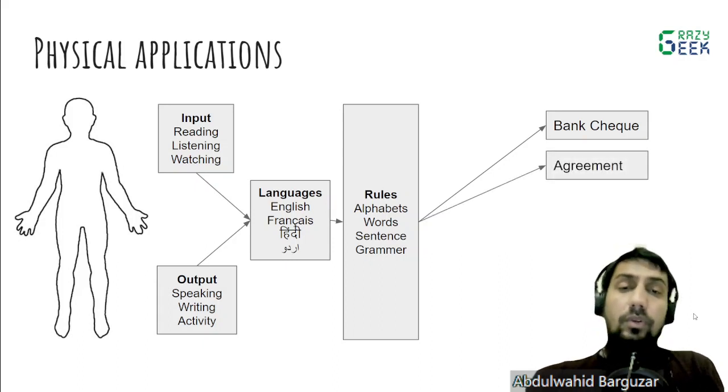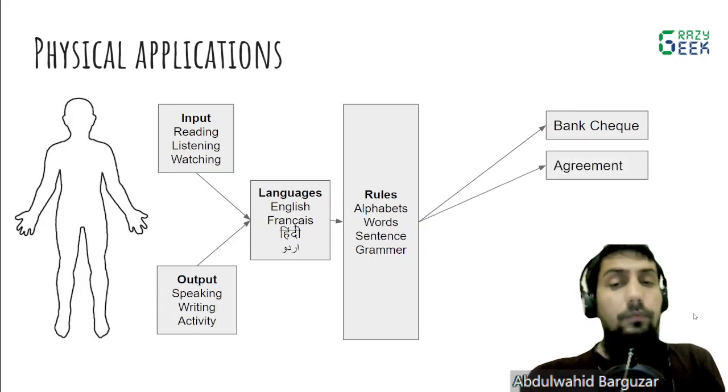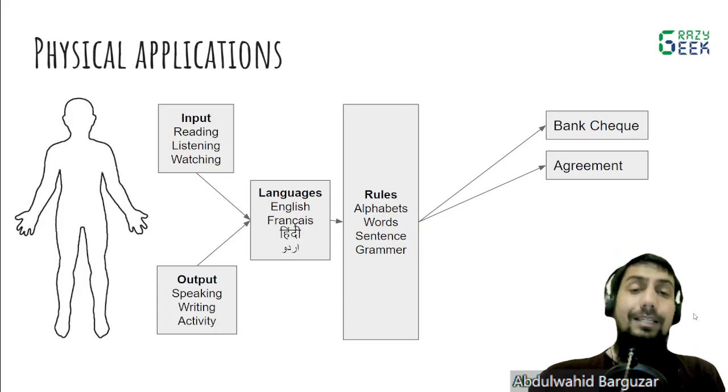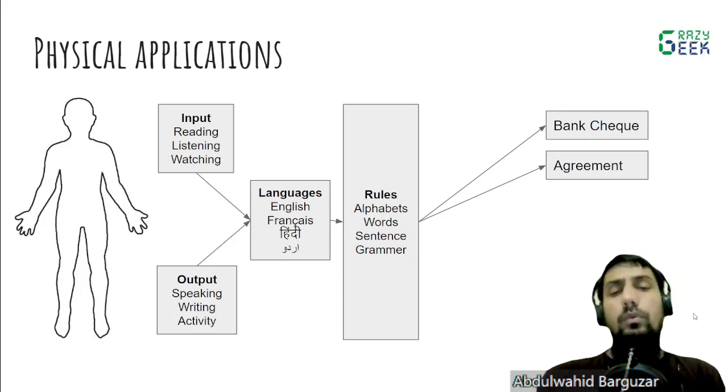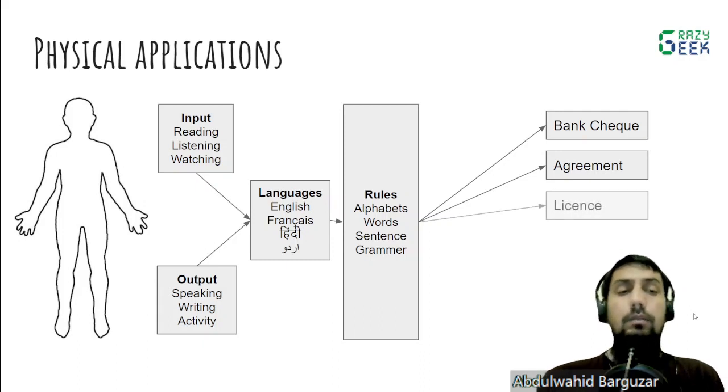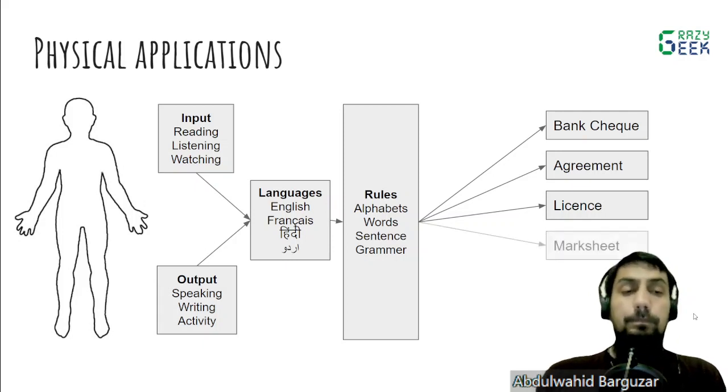And in a similar fashion, many times we use an agreement for any contract, right? So we make an agreement by following the language, and then we follow all the set of rules defined for the language, right? So these are the real world scenarios where we use and follow the language, and we perform these real world tasks in order to solve any problems, right?